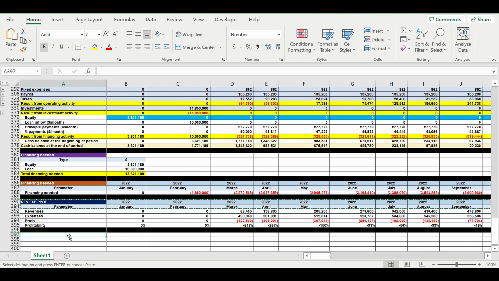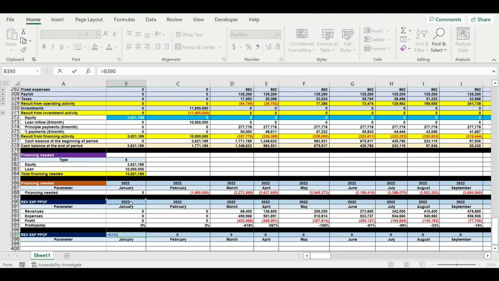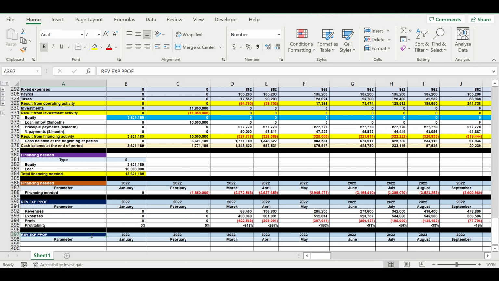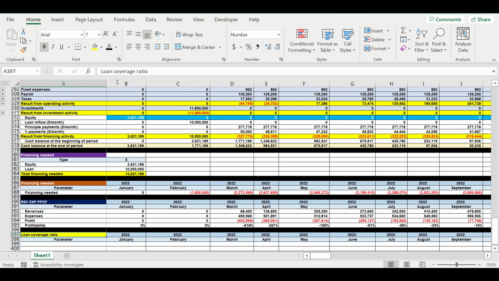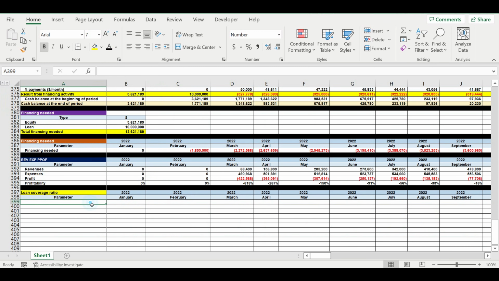So I will copy the loan coverage ratio. How is it calculated?